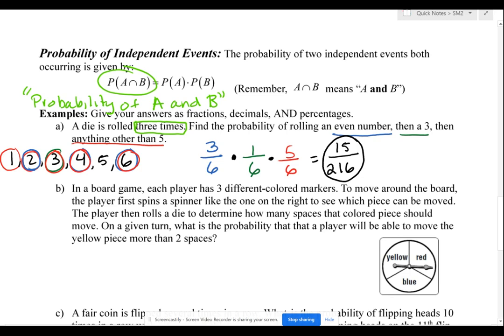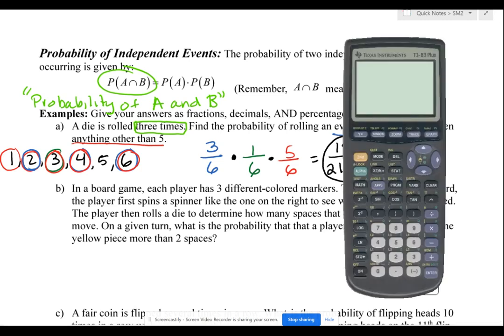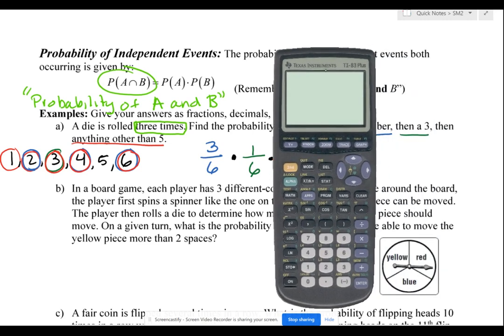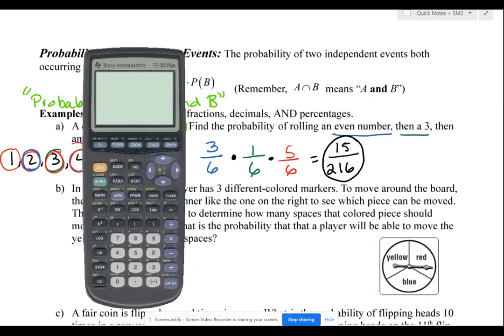Now the decimal. We're going to go to our calculator and figure out what it is by going 15 divided by 216, and we get 0.0694. We're going to do 3 decimal places just because that's what I chose, but make sure in your homework you're reading the instructions. So 3 decimal places would mean 0.069, and because the next digit is 4, I would just keep it 0.069.